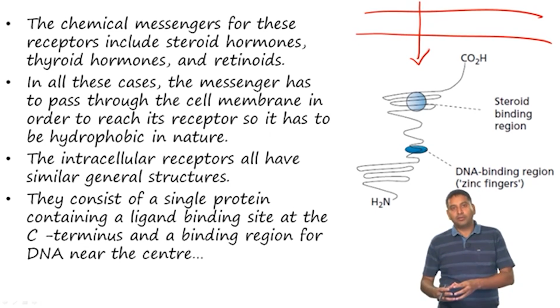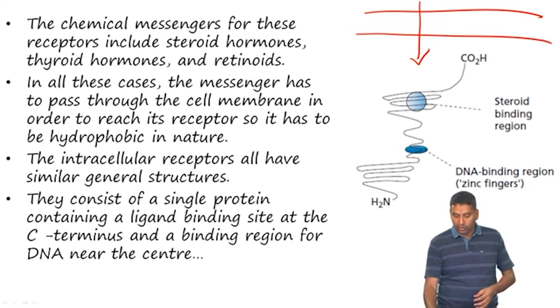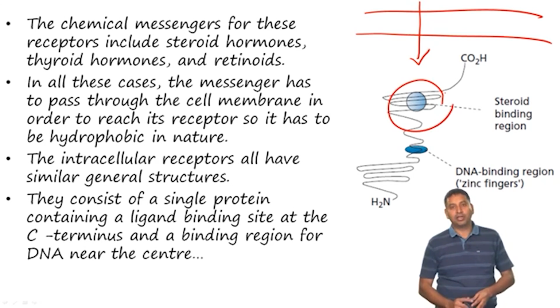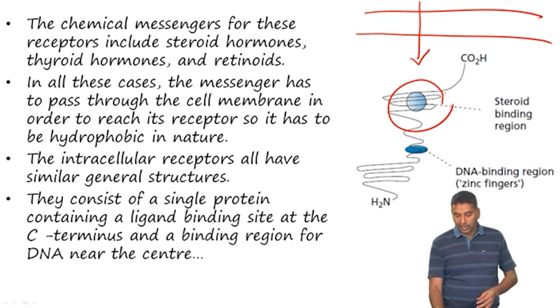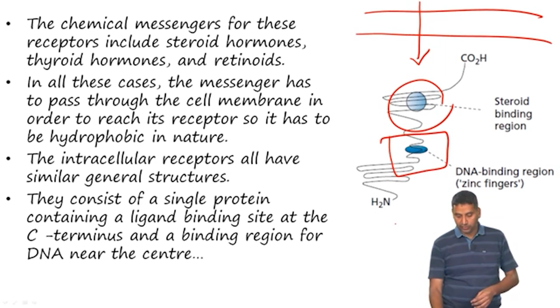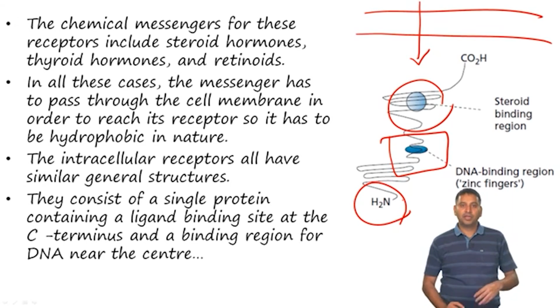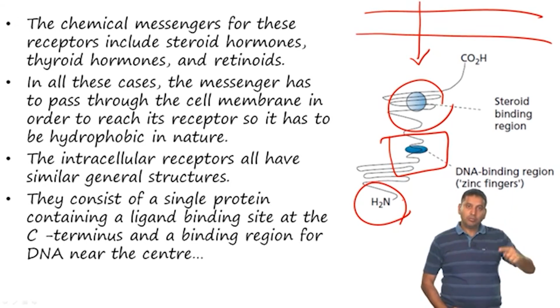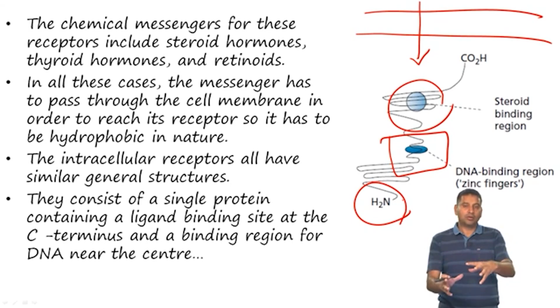They all have typically very similar general structures. They all have a steroid or ligand binding region and they have a DNA binding region. We will look into this in a little bit more detail shortly, and here is the N terminus. Now, these are a single protein containing all these various components.